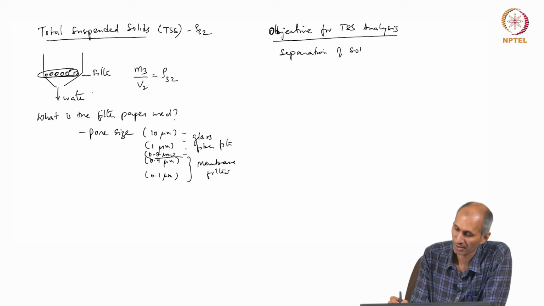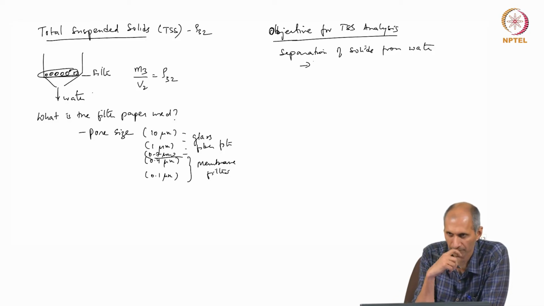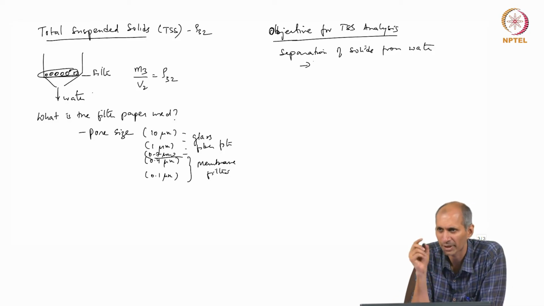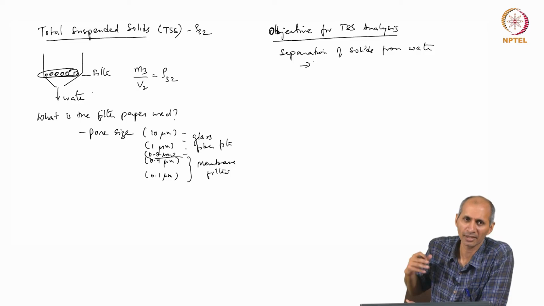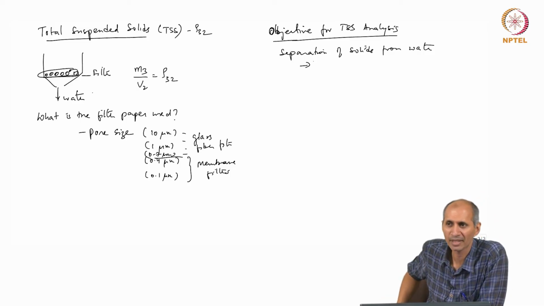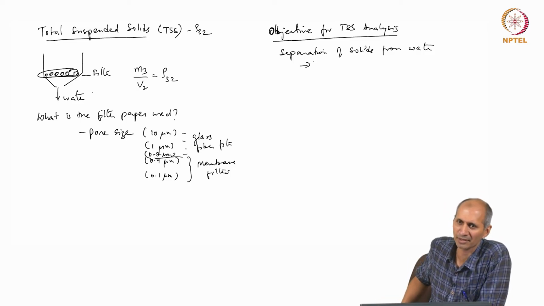So, what solid sizes would you like to separate? Based on the example that we gave last week, if you are doing organic analysis, what would you like to separate?